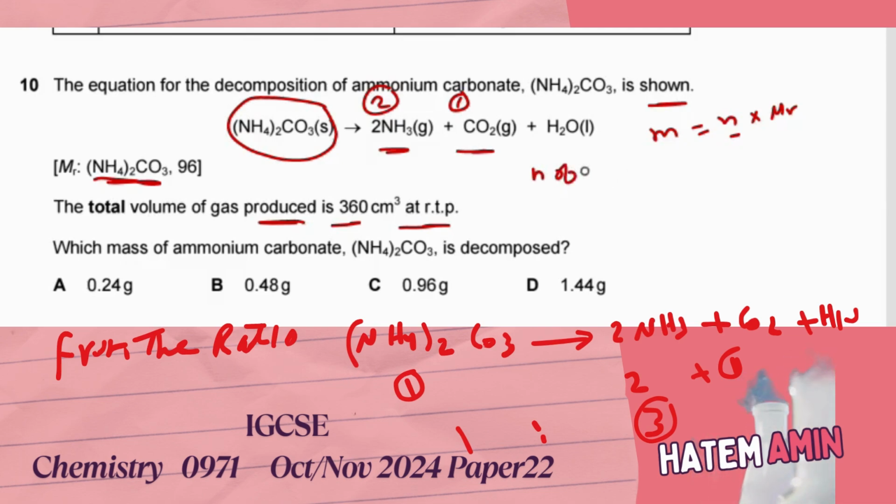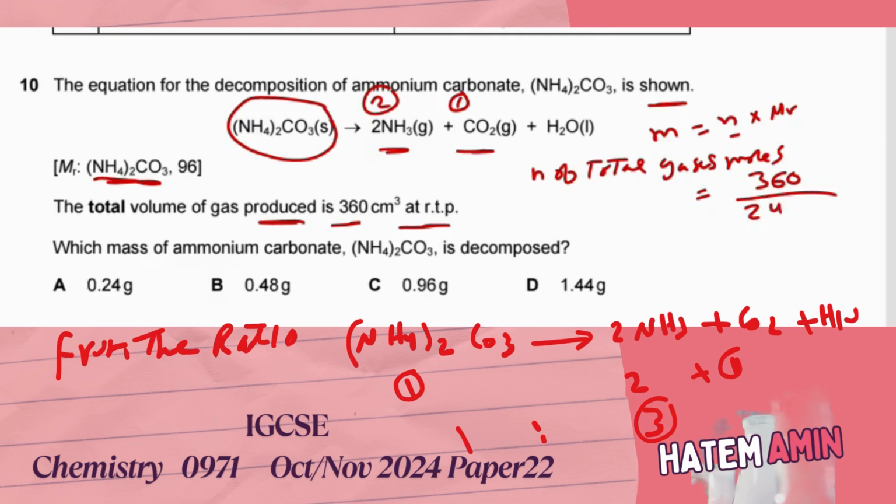The number of total gas moles equals 360 divided by 24,000 centimeter cubed, to find the number of moles, which equals 0.015 mole. This is the total number of moles for all gases.